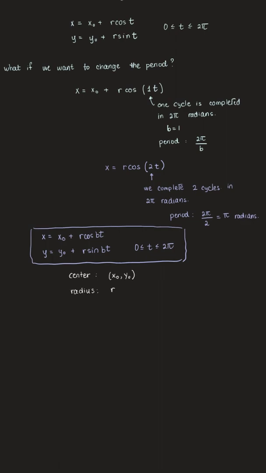And 3, the period, or the amount of time that it takes to complete 1 cycle, is 2 pi divided by that value of b, that is the coefficient of t within each function. So these are the parametric equations of a circle.